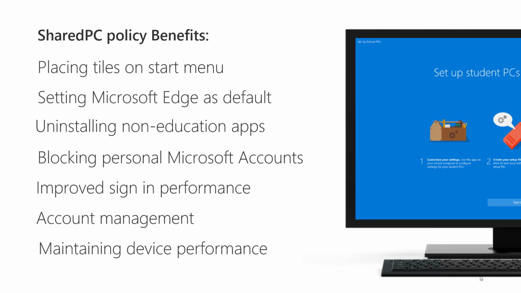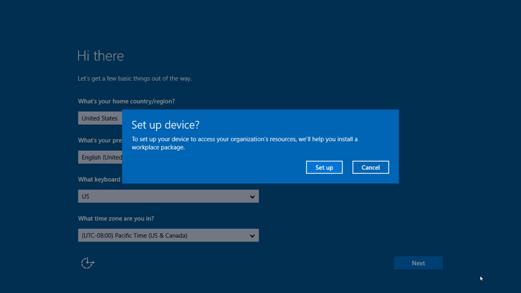We can block Microsoft accounts from being used because now we can just use our organizational or school accounts to get access to the Windows Store, for example. We get better sign-in performance and account management capabilities, and there are some optimizations included to make sure that regardless of how many users are alternating use of the device, it still keeps performance running at a good pace.